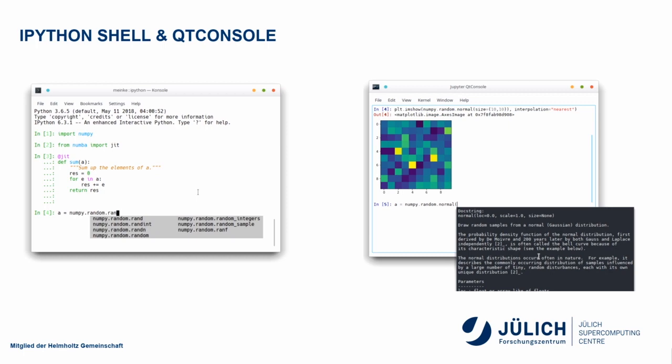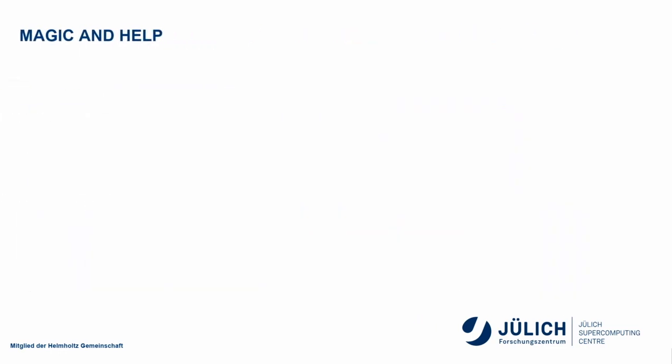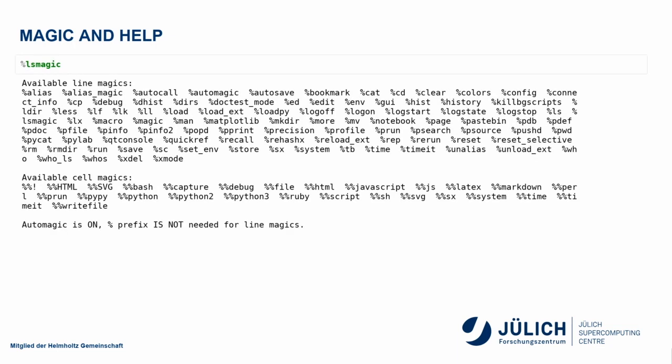But we will be using the IPython kernel, which is basically the tools that are behind IPython, Jupyter notebooks, at least with the Python kernel and so on. Two of the important features are magic and help. First of all, there's the magic command, and the magic commands all start with a % sign.